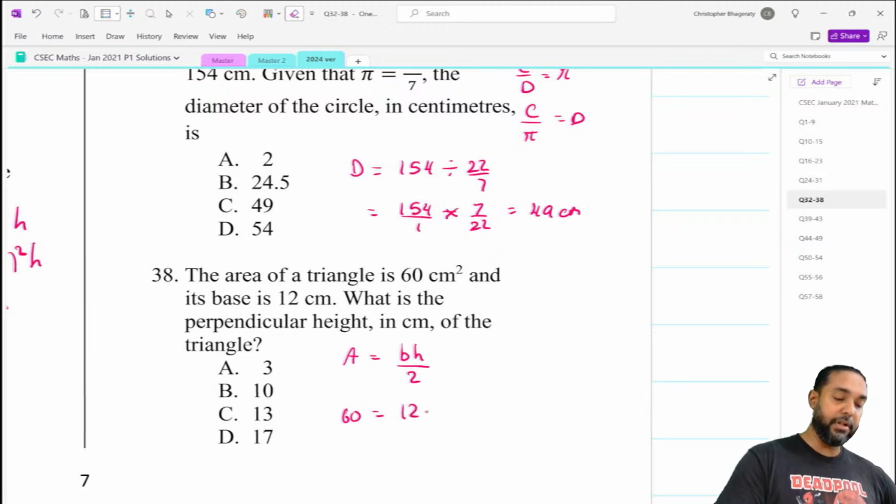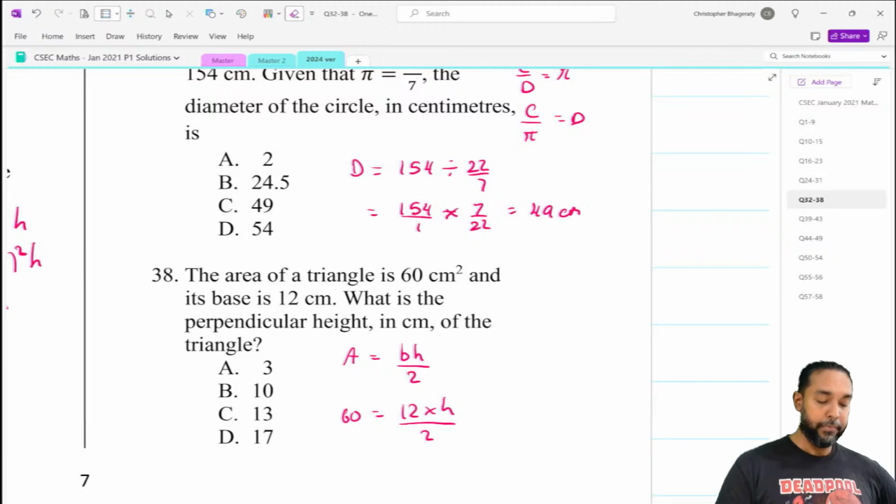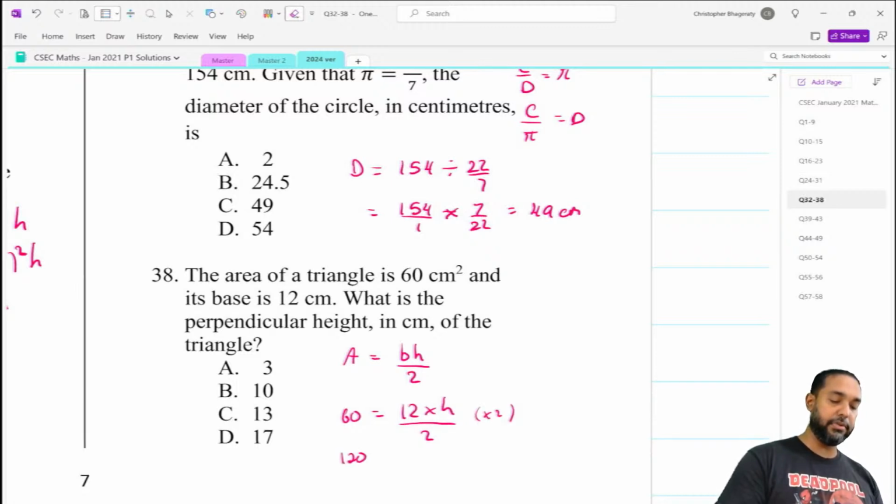The base is 12, the height we don't know, and divided by 2. Okay, so we can multiply by 2 first of all. 60 by 2 is 120, and that's 12 by the height. So think about it. 12 by some number is 120. What number is that? By 10.